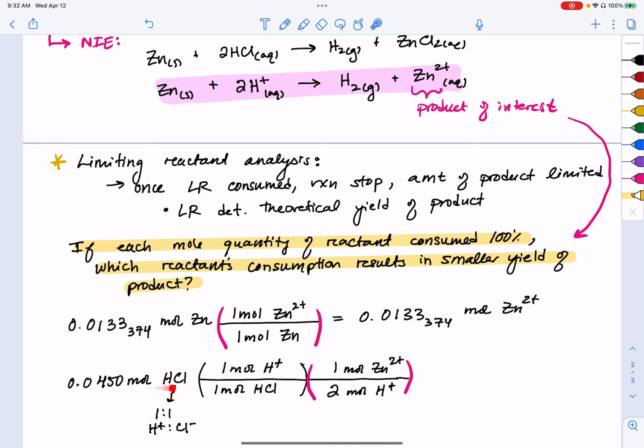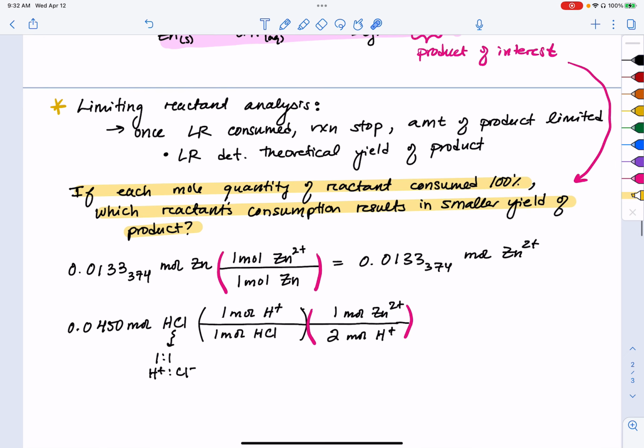Mathematically this is saying multiply by 1 and then divide by 2, but I'm doing it this way to ensure that all of my units cancel, right? Moles HCl, moles HCl, moles H+, moles H+. This leaves me in moles of zinc. Same deal here, moles of zinc solid leaves me in moles of zinc ion. So there's a reason why I'm writing it out in this full manner, so that visually, you guys can see something that makes sense. Like I'm not just doing math with units that come out of nowhere.